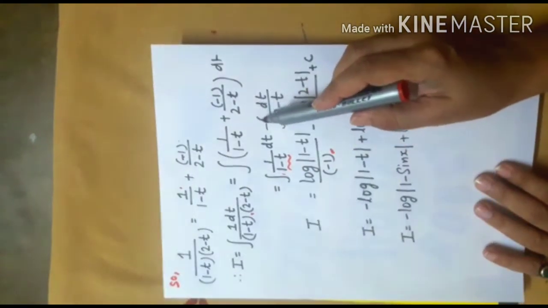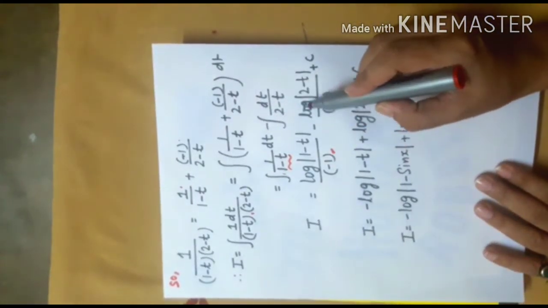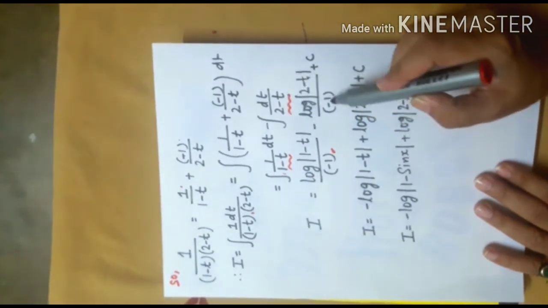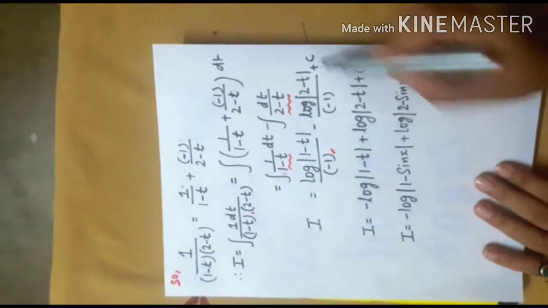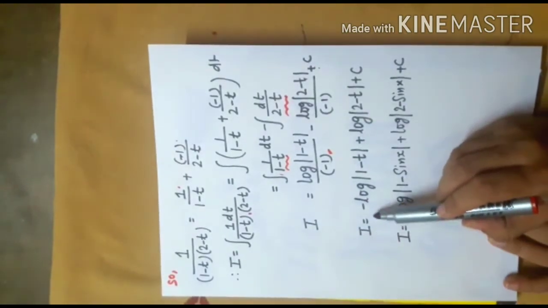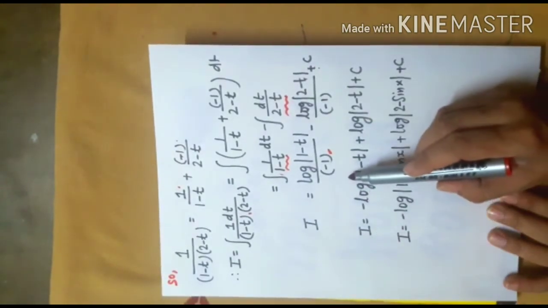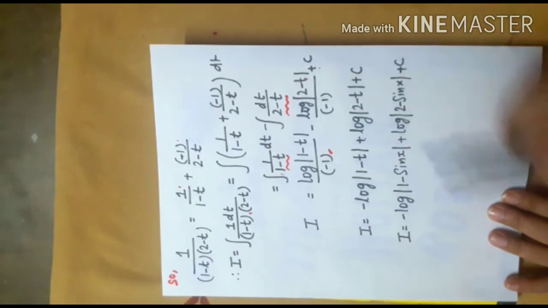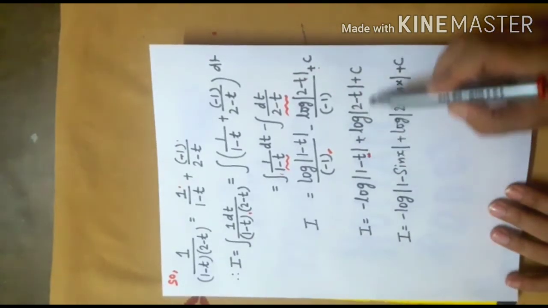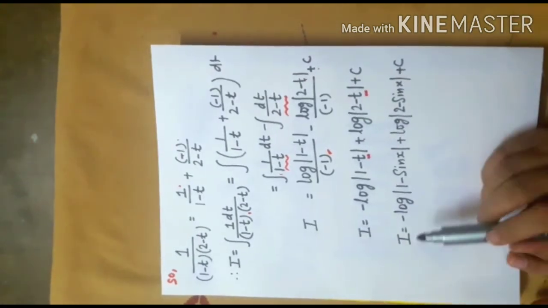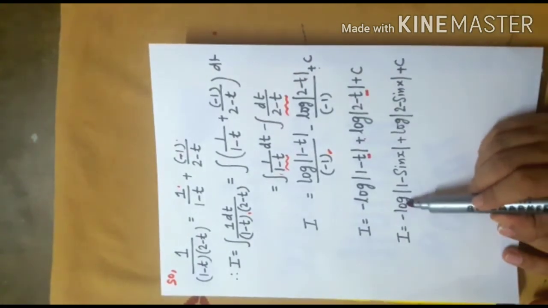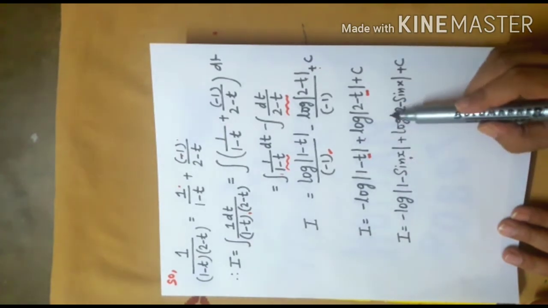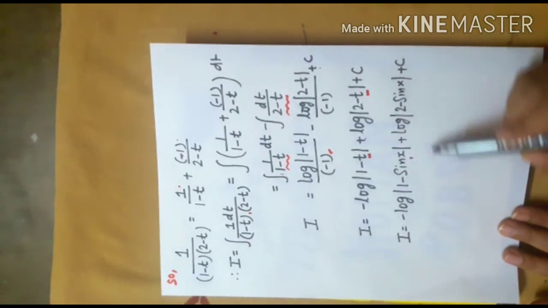Similarly, this integral will be equal to log of mod 2 minus t divided by derivative of this, which is negative 1, plus c. So I will be equal to minus log mod 1 minus t plus log mod 2 minus t plus c. Now replace t with its original value. So I will be equal to minus log mod 1 minus sin x plus log mod 2 minus sin x plus c.